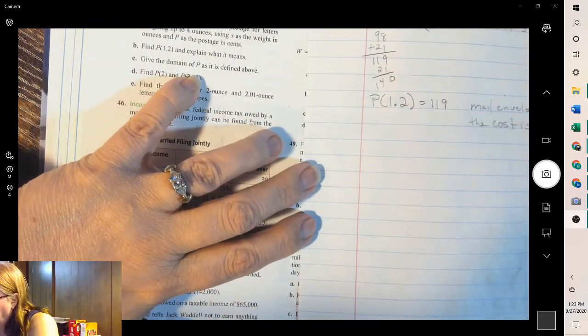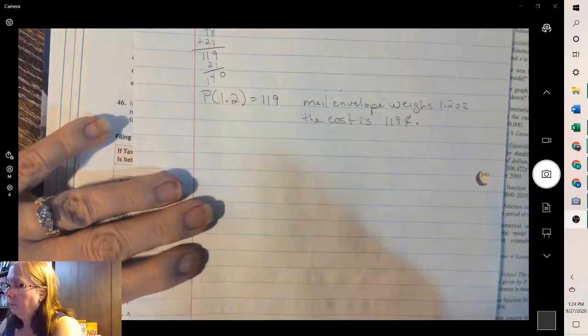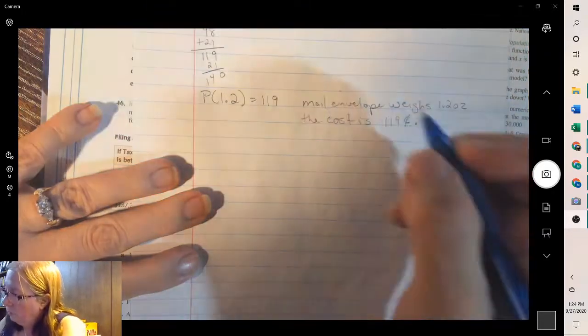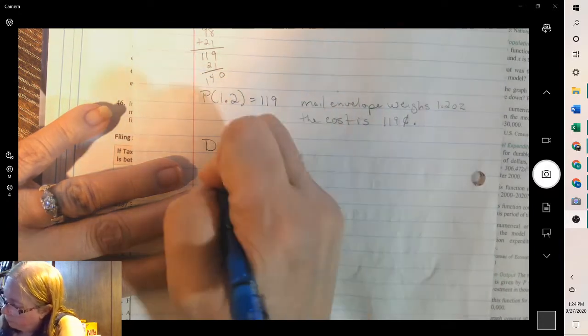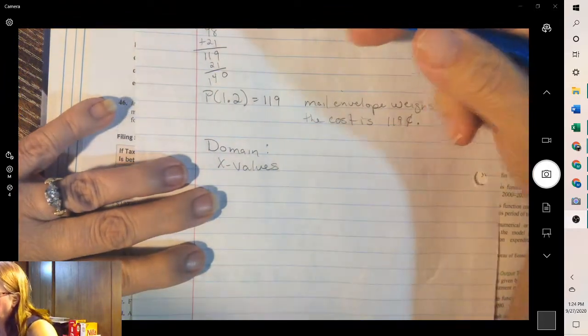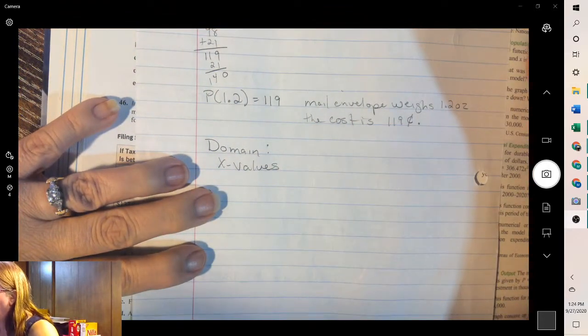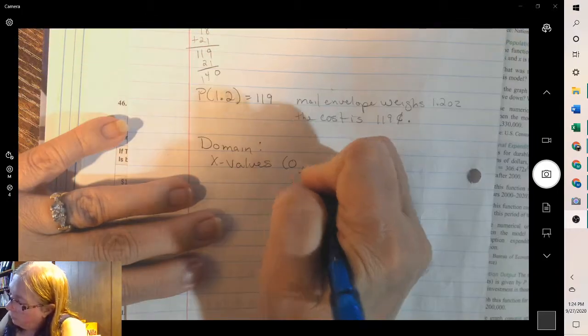Give the domain of P as it is defined above. So the domain of P, that's your function values. Well, no, the domain is the X's. So for the function, the domain is between 0 and 4. So it's 0 to 4.